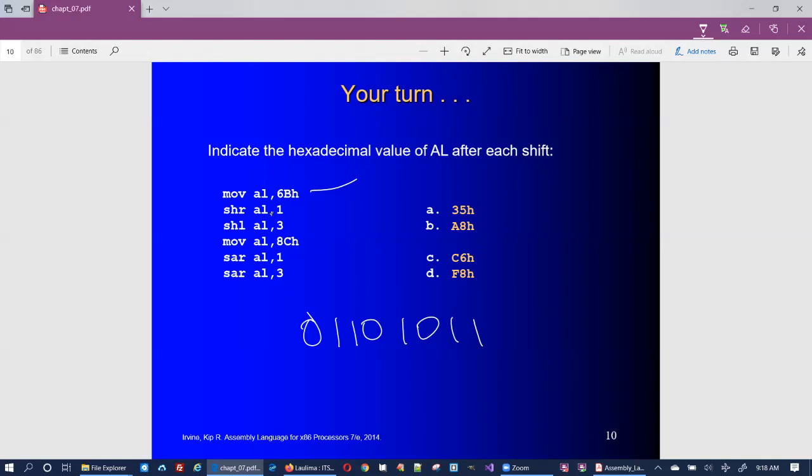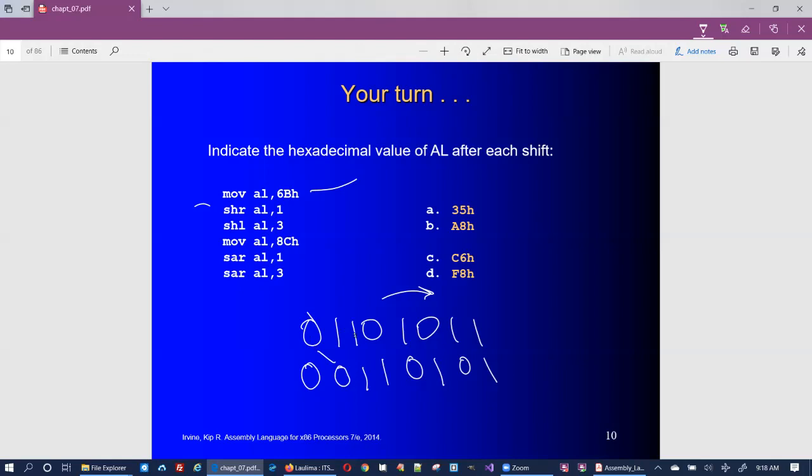And if we shift right 1, that's this direction, it's going to end up being, and it's a logical shift. It's not SAR. So it'd be 0, 0, 1, 1, 0, 1, 0, 1.